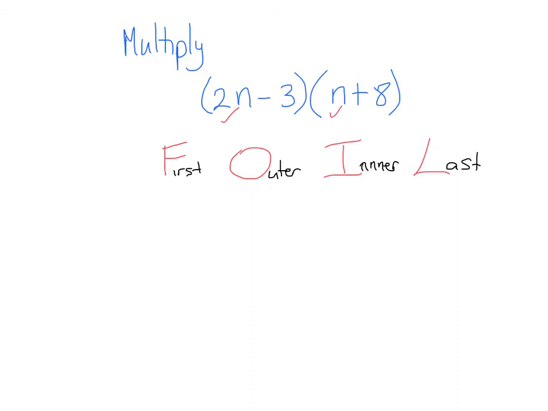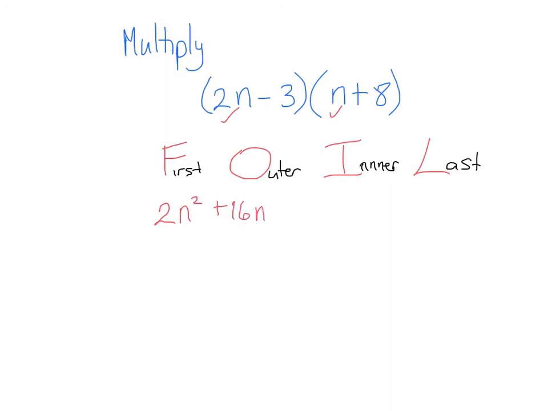So our first multiplication should be 2n times n, which gives us 2n squared. Now the outer term in the first parentheses, 2n, and the outer term in the next parentheses, 8. They're on the outside. So to multiply our outer terms, we get 2n times 8, which is 16n.